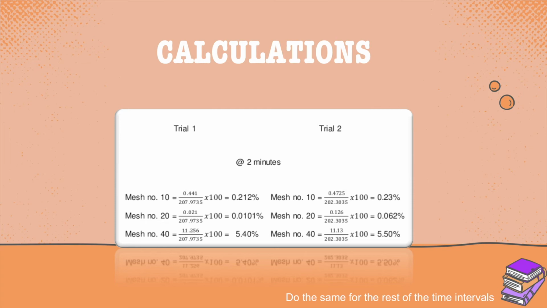Lastly, solve the cumulative undersize, percent, and the average particle size of each mesh at the given minute. To solve for the average particle size, take the screen size and the previous screen size. All of the calculated data is shown at the end of the presentation.